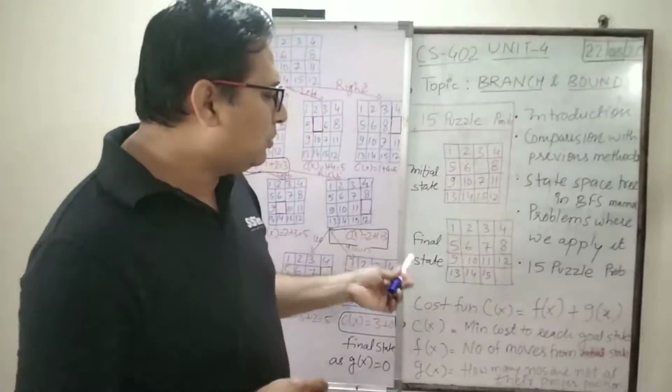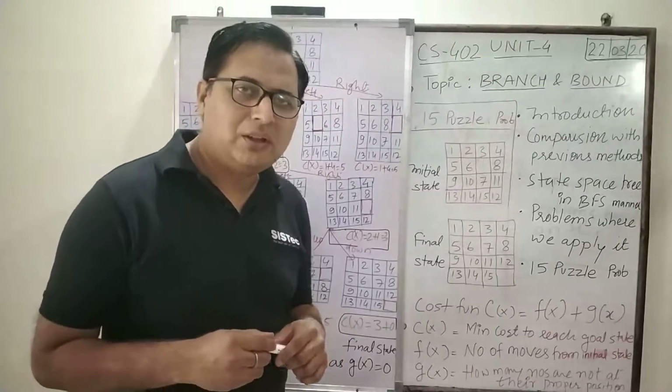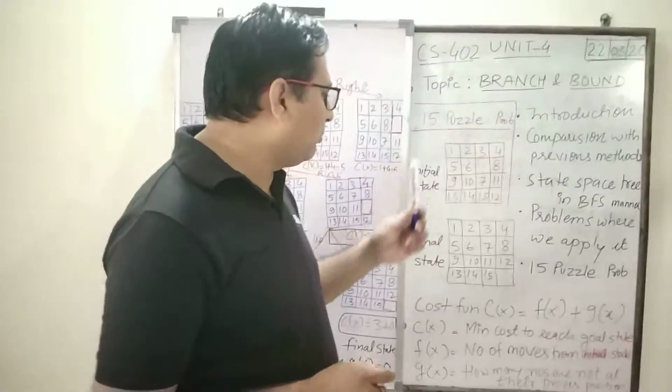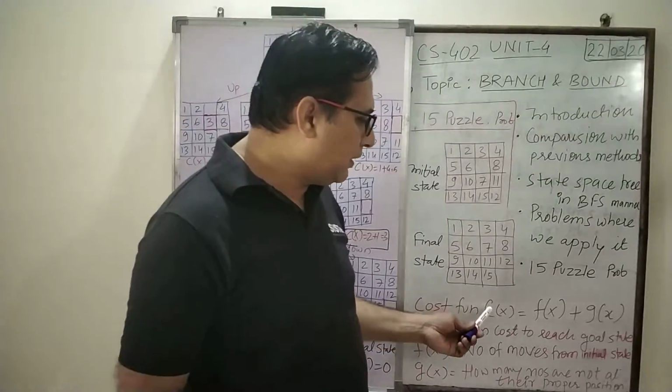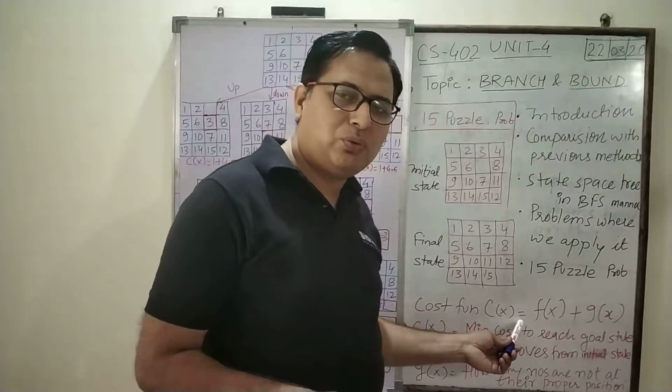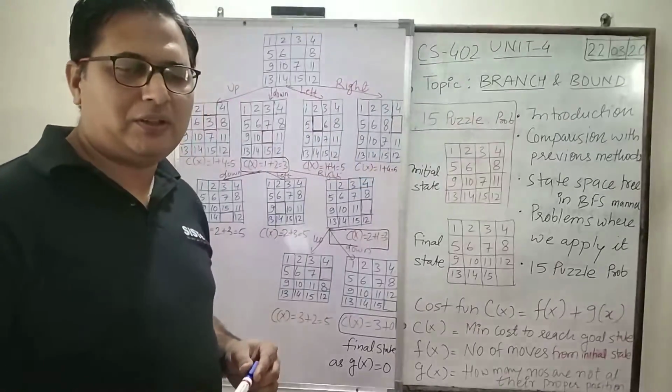So we'll use a cost function. For every problem, the cost function will be different. For the 15 puzzle problem, our cost function will be C of x equals g of x plus f of x.